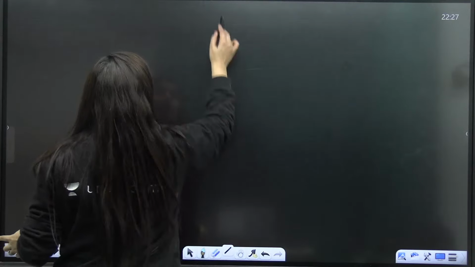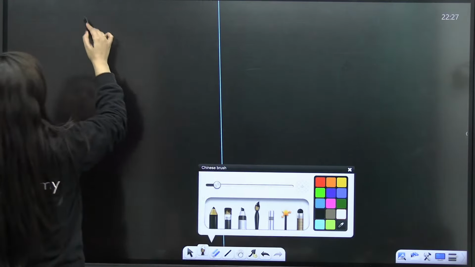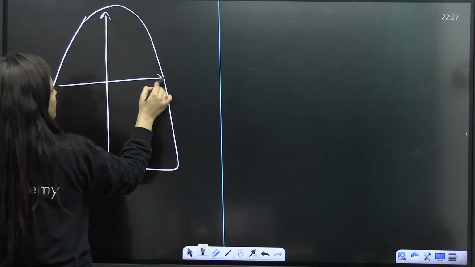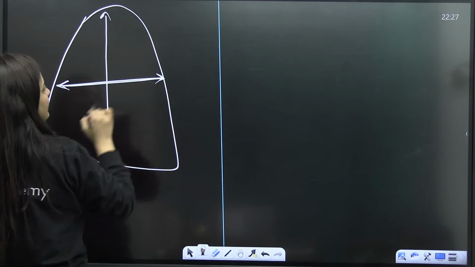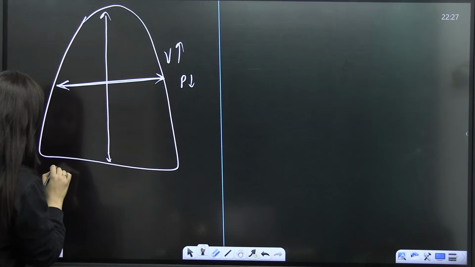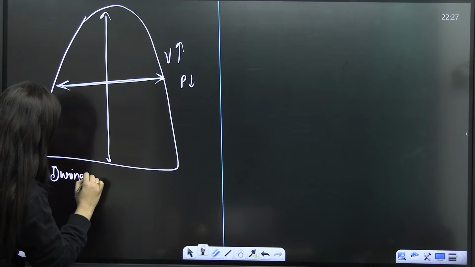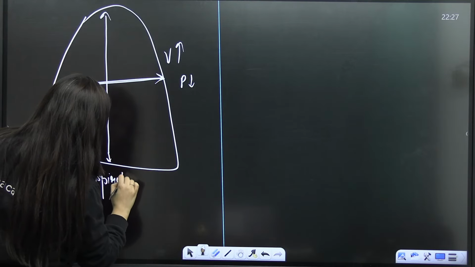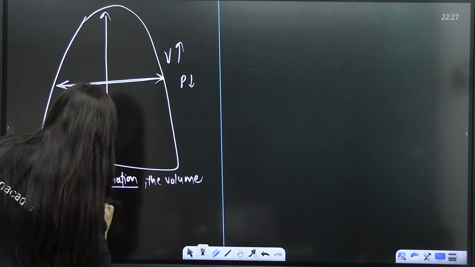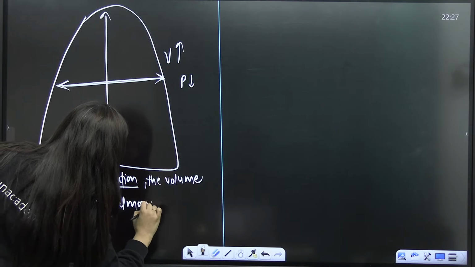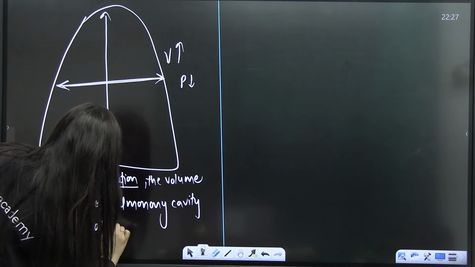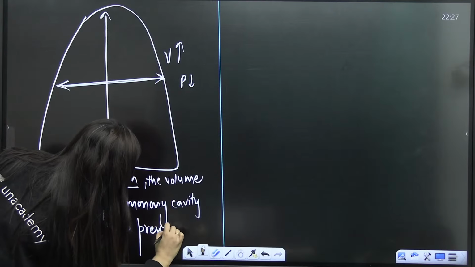So basically when both these muscles are contracting, overall your thoracic cavity volume will increase towards the dorsoventral axis and towards the anterior posterior axis. Isn't it? So if volume increases, pressure will go down. So yes, we can say that during inspiration, the volume of the pulmonary cavity increases, so pressure decreases.